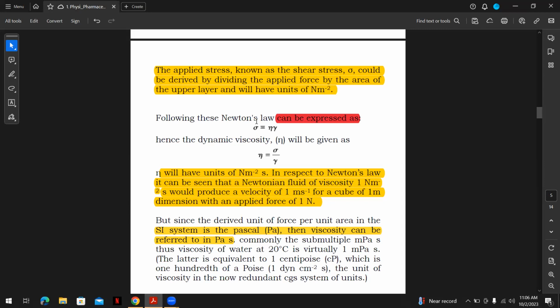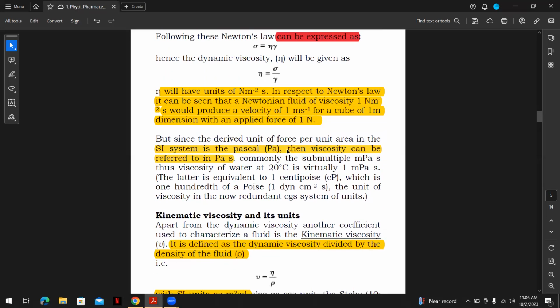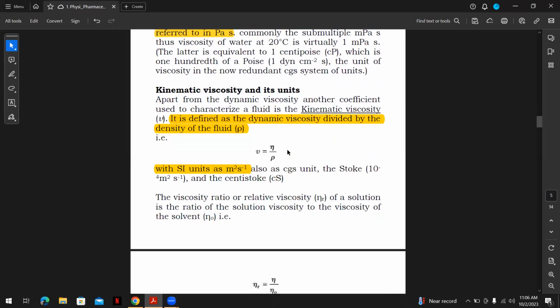I think it's sigma. Yeah, it looks like sigma. So sigma is equal to that.